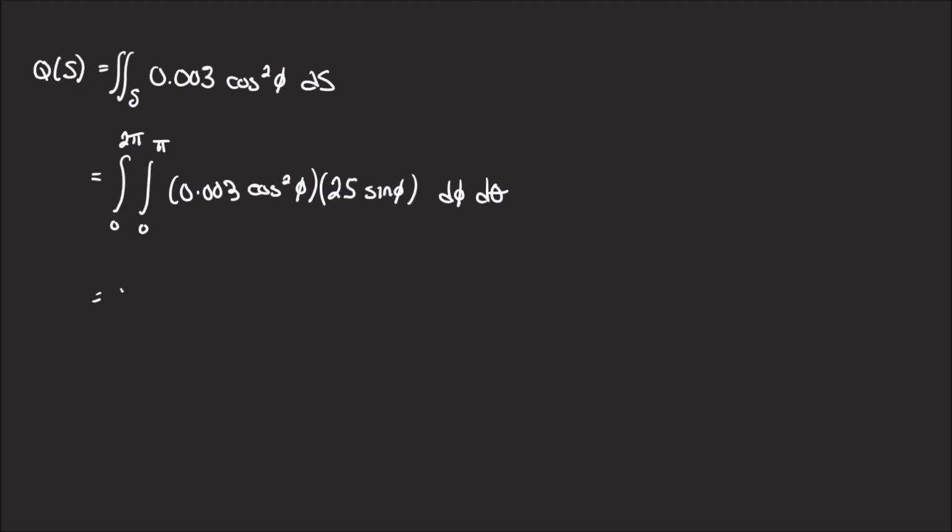So we get 0.075 times the integral from 0 to 2 pi, integral from 0 to pi of cosine squared phi times sine of phi d phi d theta.